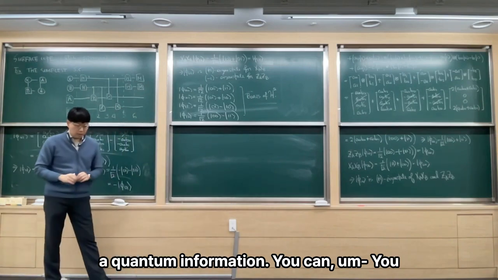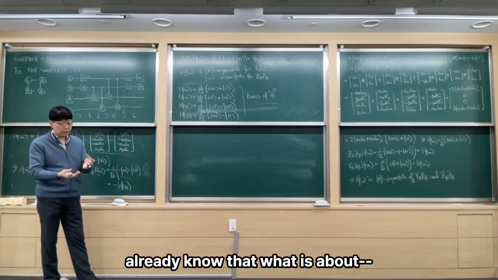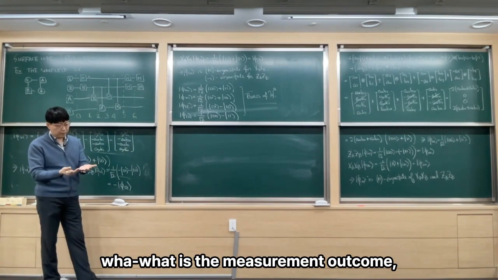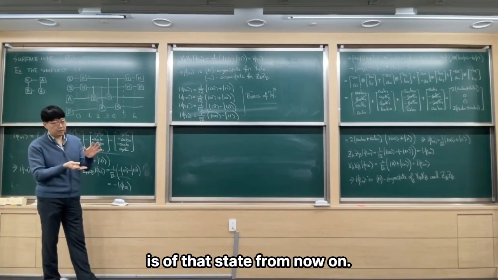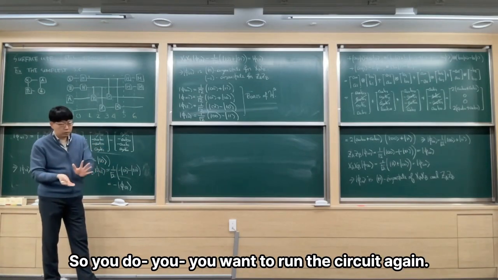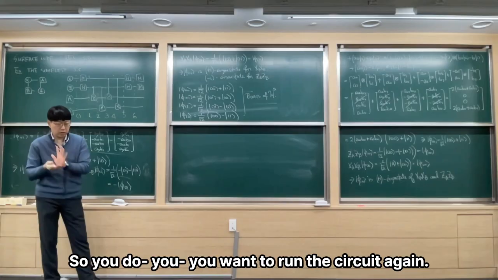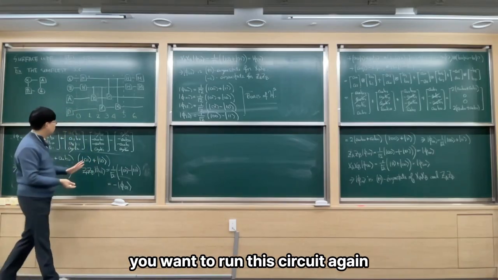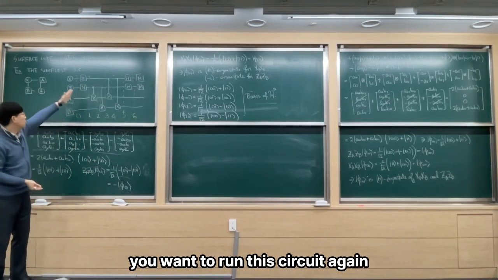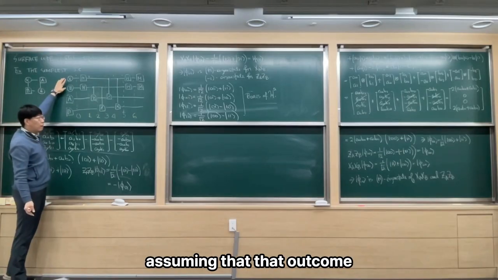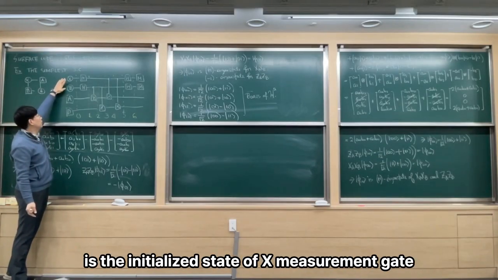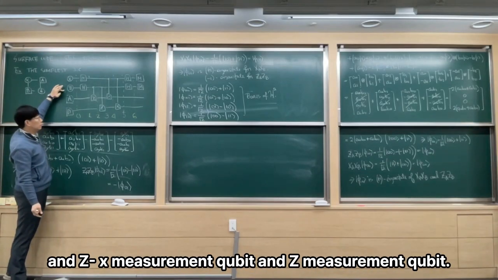You already know what the measurement outcome is, so you can just assume that the measurement qubit is in that state from now on. So you want to run this circuit again with the given measurement outcome, assuming that outcome is the initialized state of the X measurement qubit and Z measurement qubit.